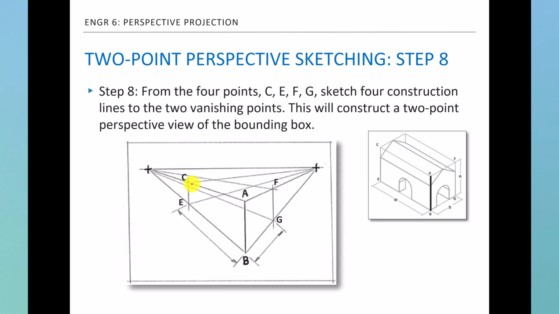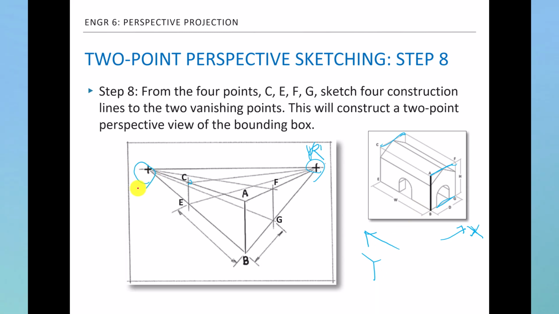Then we do the same thing. We just draw from all the points on the lines to the left and right vanishing points. Any lines parallel to the X direction all converge to the right vanishing point, and any lines parallel to the Y direction all converge to the left vanishing point.